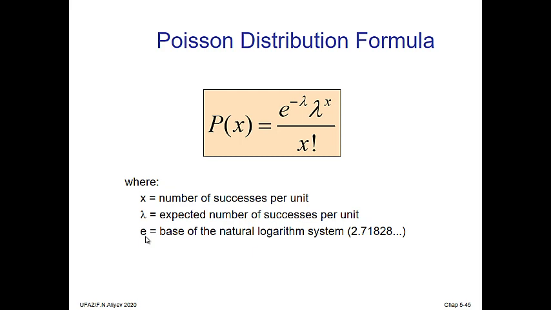And the e here represents the base of the natural logarithm. The approximate value is 2.7. As you see, e is raised to the power negative lambda, multiplied by lambda to the power x, divided by x factorial.